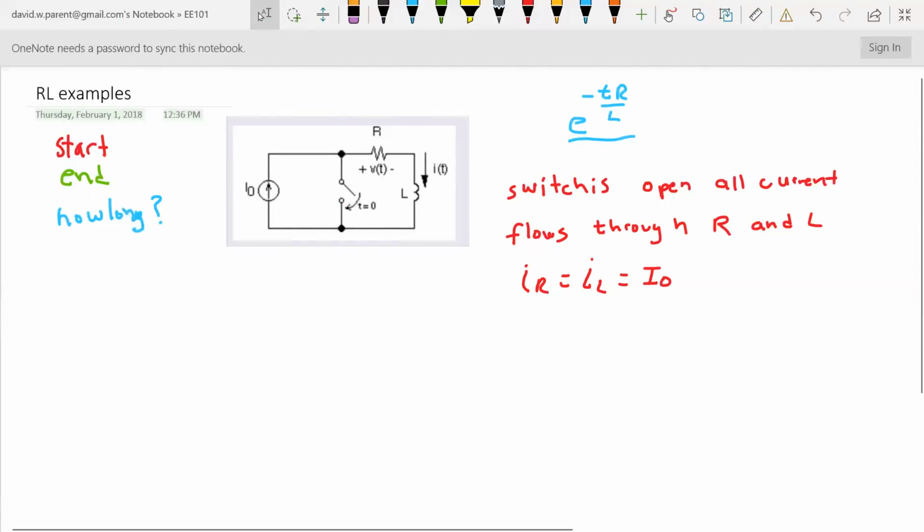Now, looking at it, what we're going to be plotting is VR.